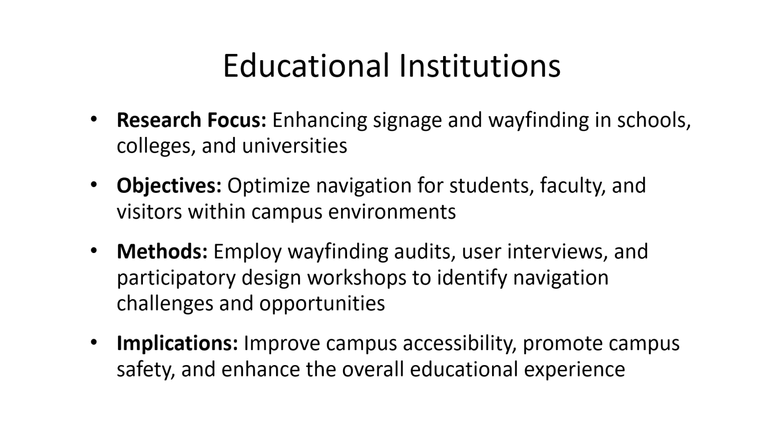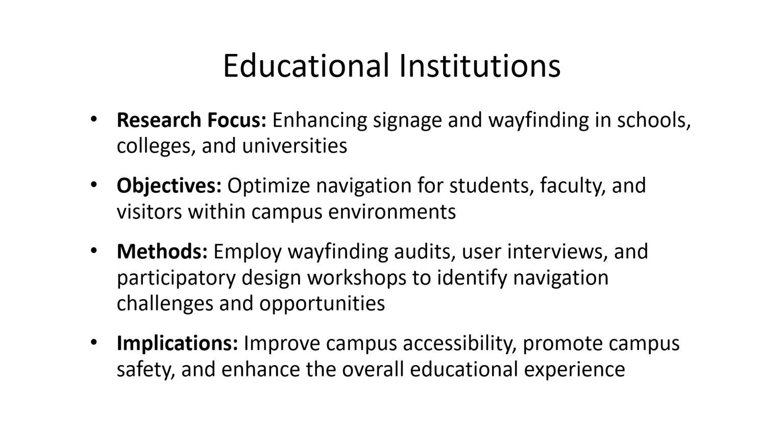To achieve these objectives, one can employ various methods including wayfinding audits, user interviews and participatory design workshops. Wayfinding audits involve assessing the existing signage infrastructure within the campus to identify areas of strengths and weaknesses. This may include evaluating the signage placement, visibility, readability and comprehensibility to ensure that navigation aids effectively guide campus users.